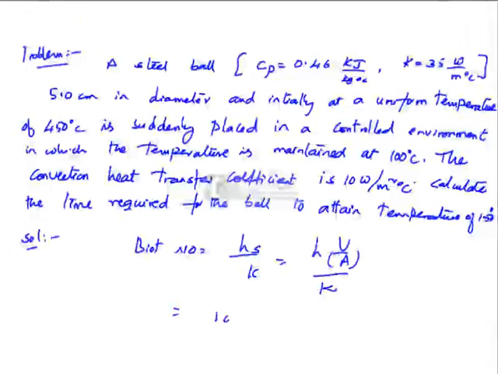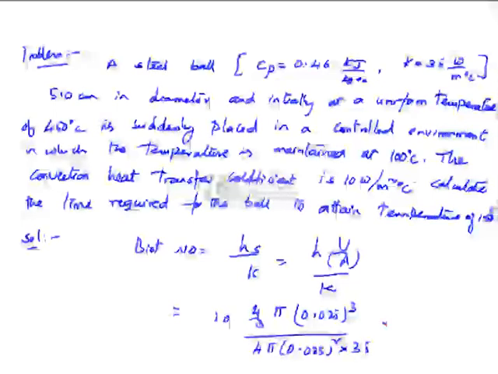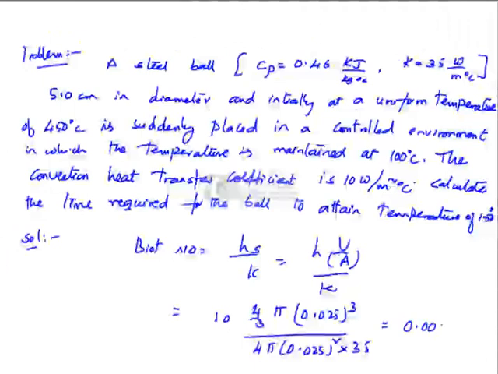h is given as 10, 4/3 pi r cube, that is volume, 0.025 whole cube, divided by area, which is 4 pi r square, into K is 35. The result is 0.0023, which is much lesser than 0.1.